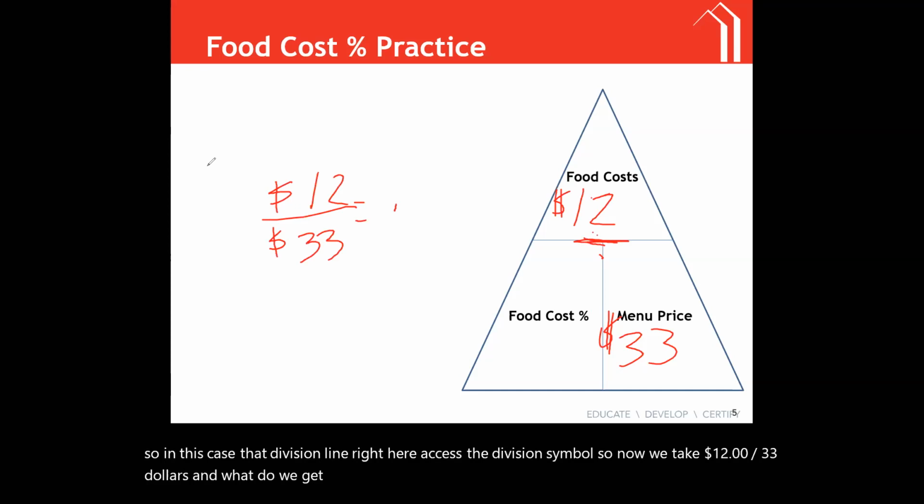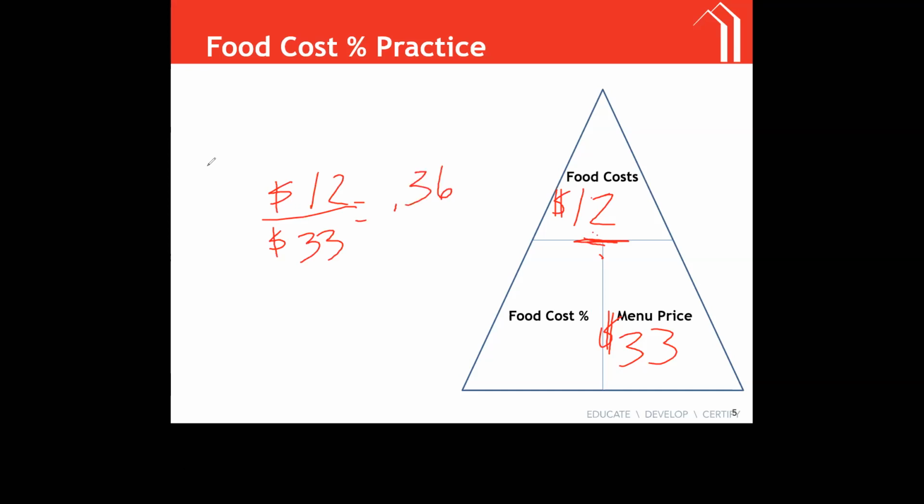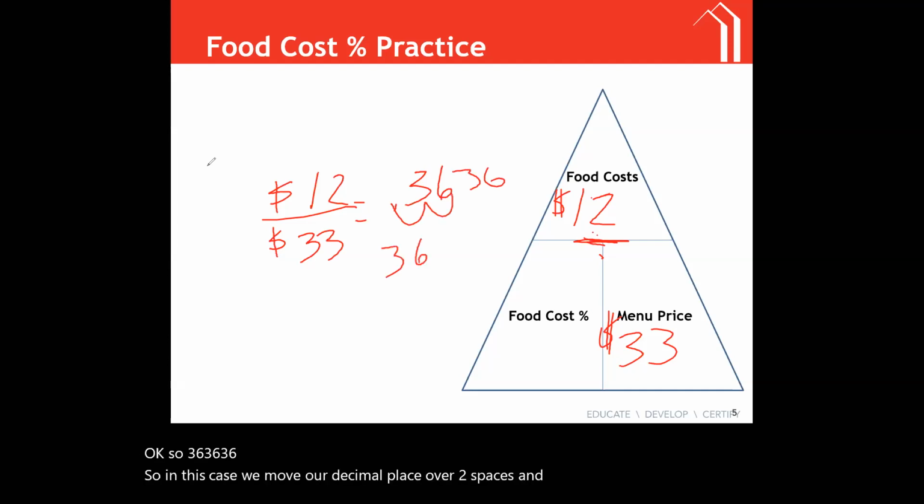That's pretty high food cost. 36%? Okay, so 0.36. All right. 363636. So in this case, we move our decimal place over 2 spaces, and we actually get 36.4%.